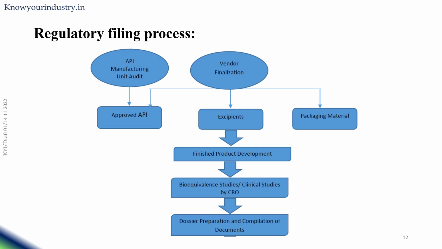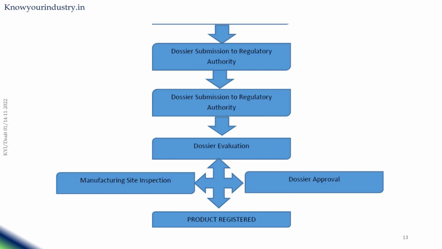It goes for bioequivalence studies or clinical studies by a CRO. Then after the study we do the dossier preparation and compilation of documents. Then we go for dossier submission to regulatory authorities.